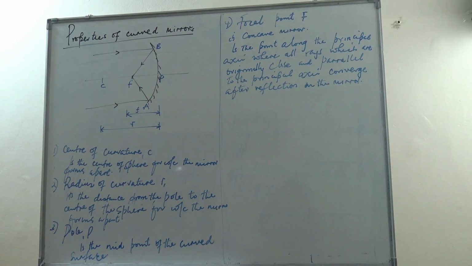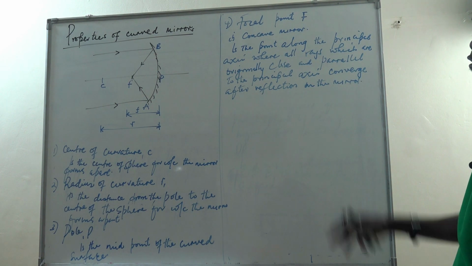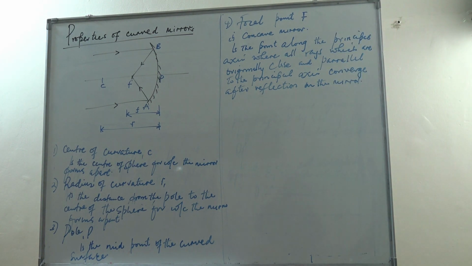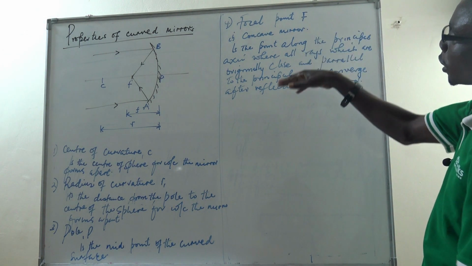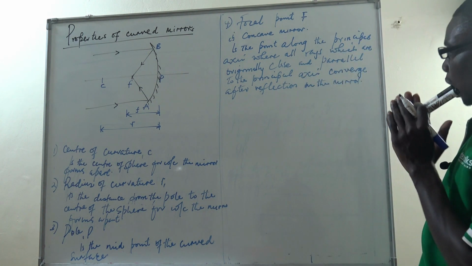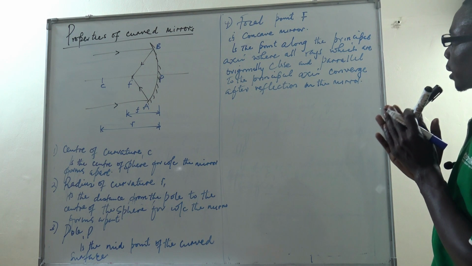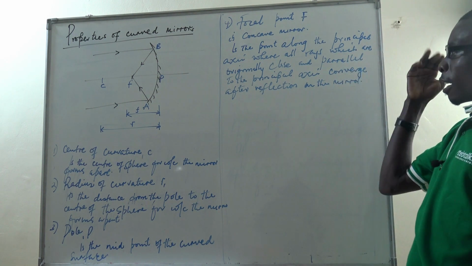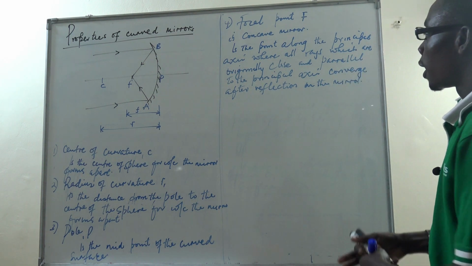Okay, so that is what we are talking about as the focal point for a concave mirror. It is the point along the principal axis where all rays which are originally very close and parallel to the principal axis converge after reflection.